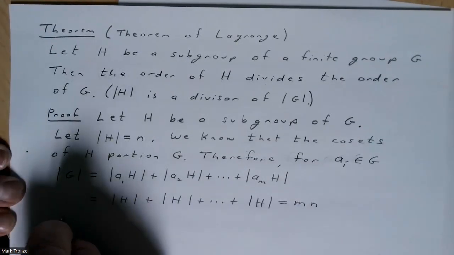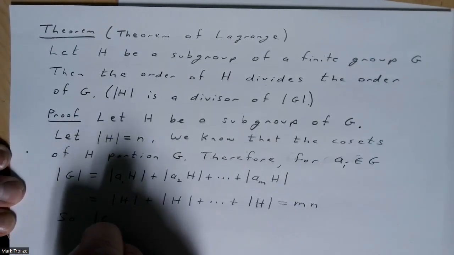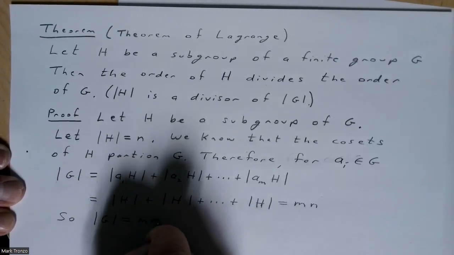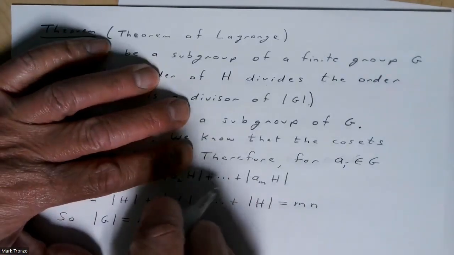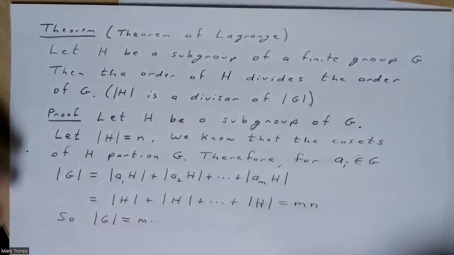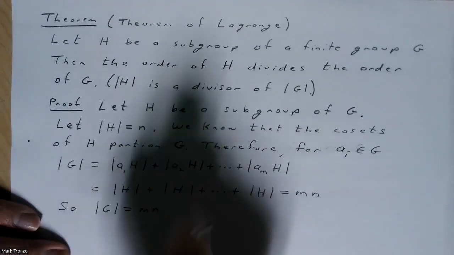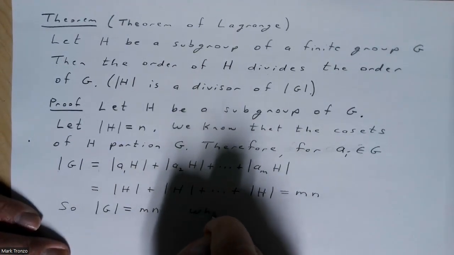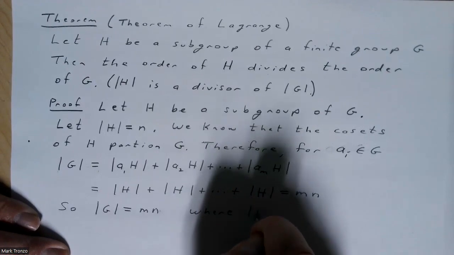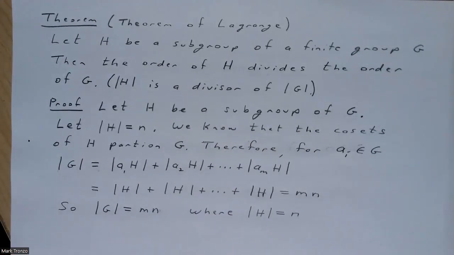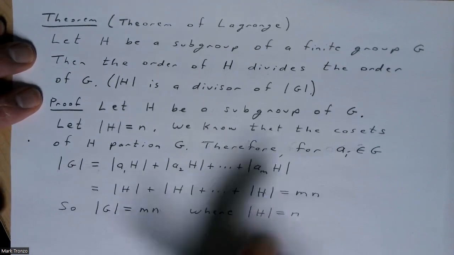So what we have is the order of G is equal to M times n, where we set up here the order of H is n.